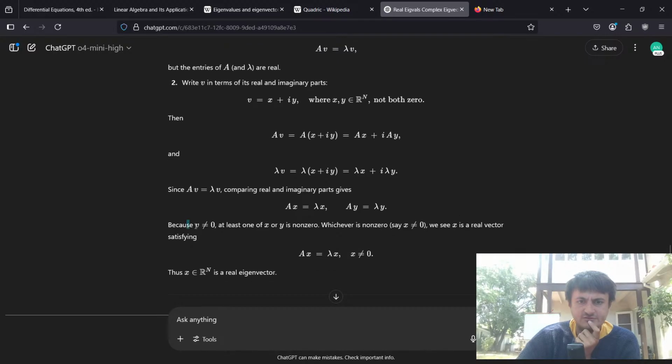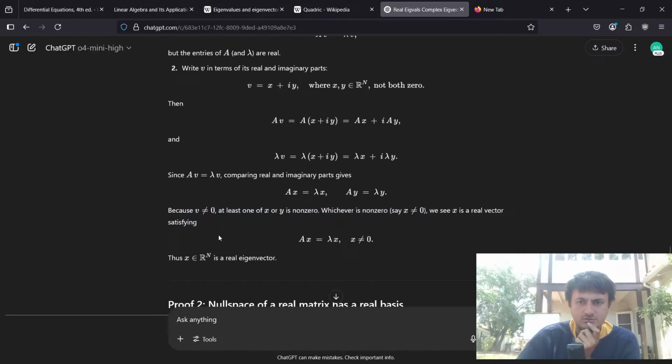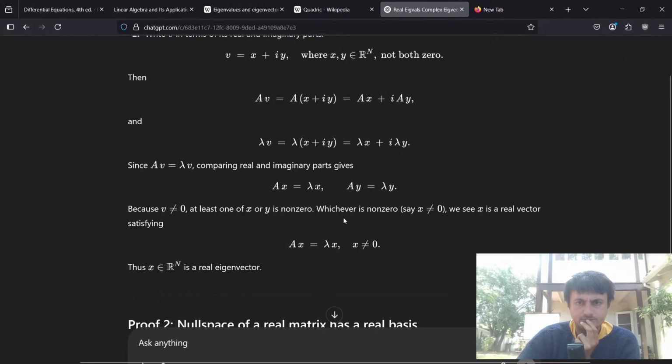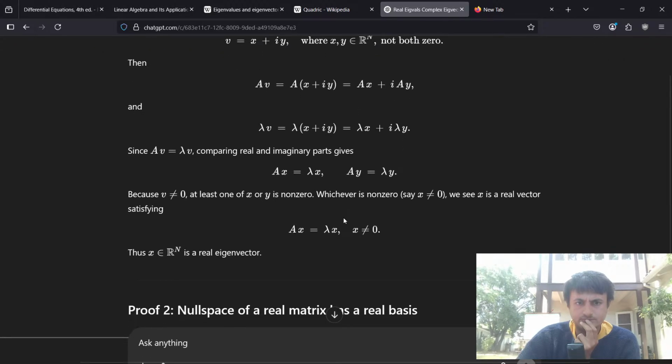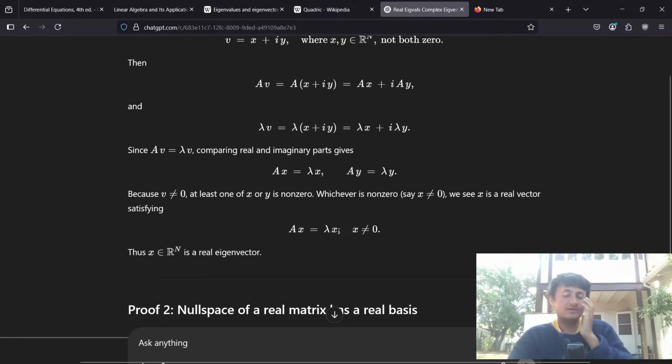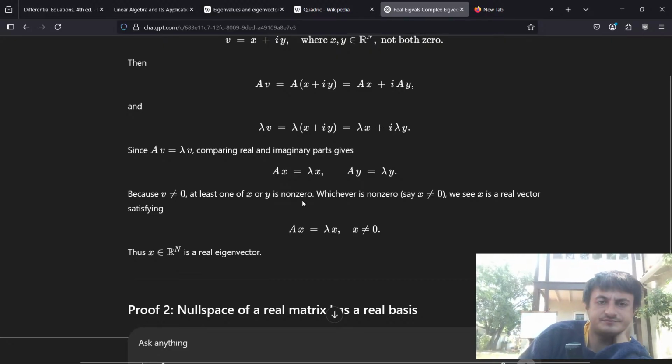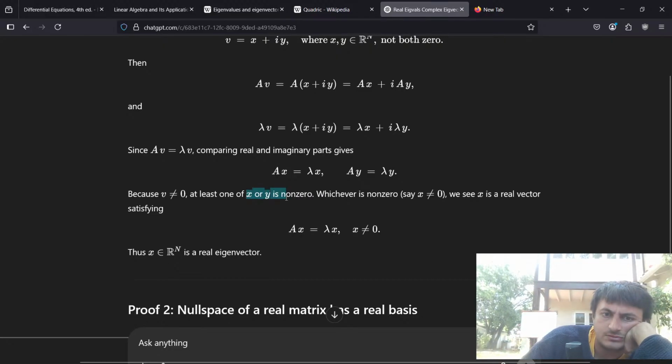Because v is not equal to 0, at least one of x or y is non-zero. Whichever is non-zero.